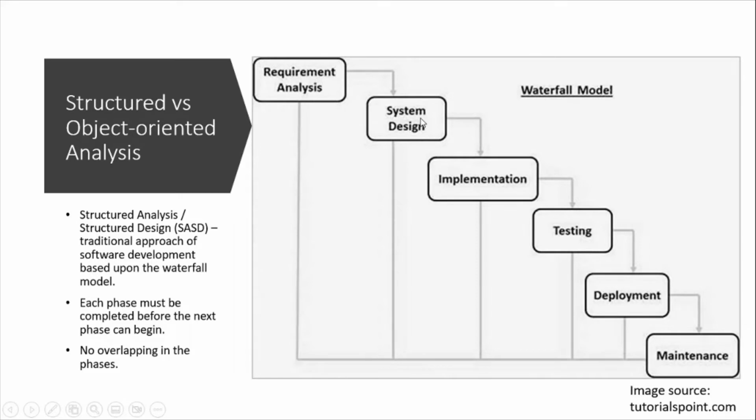Only if system design is 100% finished, then you can proceed with the implementation. No overlapping in the phases. One has to be done first before proceeding to the next. Now, so what do you think is the risk of the waterfall model?